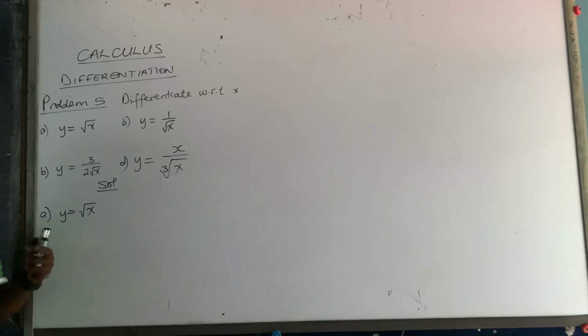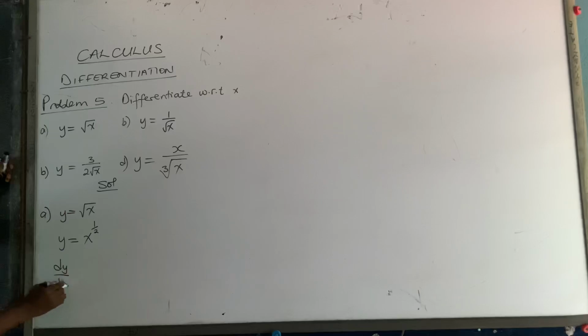So if we want to differentiate applying the general method, we must remove the x from the roots. So we rewrite as x to the power of half. So as usual, to differentiate y with respect to x, the power multiplies the coefficients. So half times 1 is half.